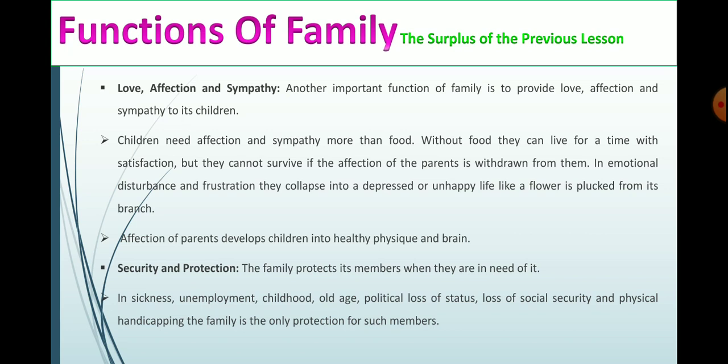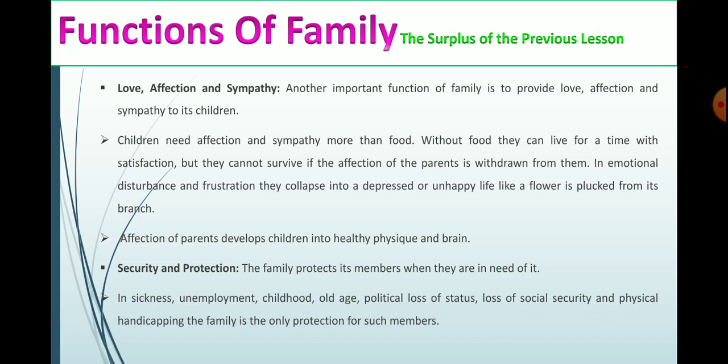Okay, they pointed out very good points. Without food, or we can say without drink, life will be easier. But without love, without sympathy, without affection, life will be a bit difficult.